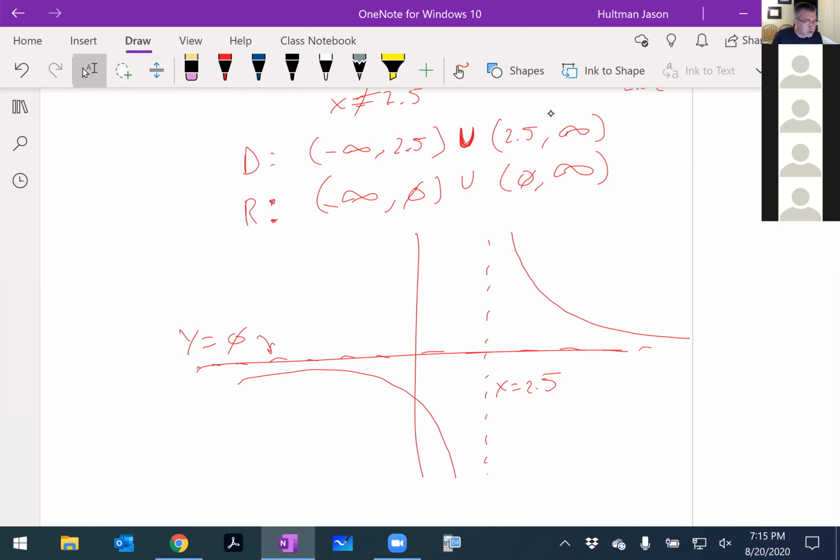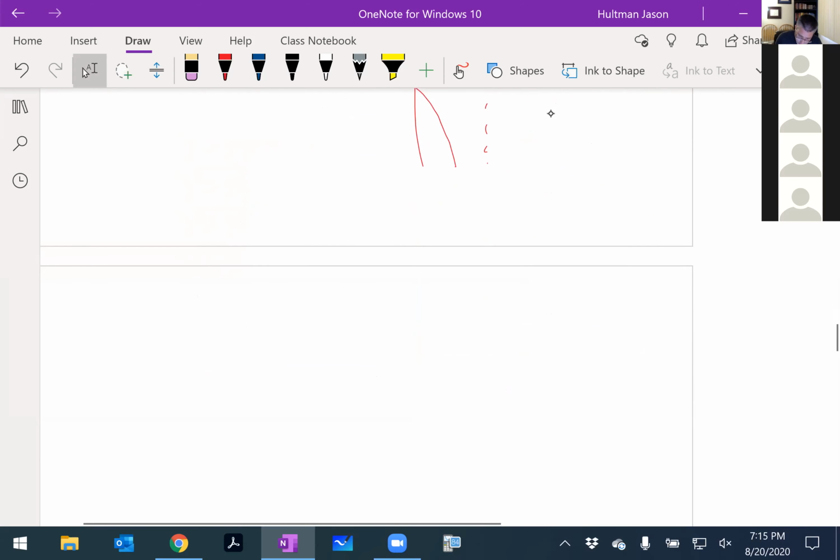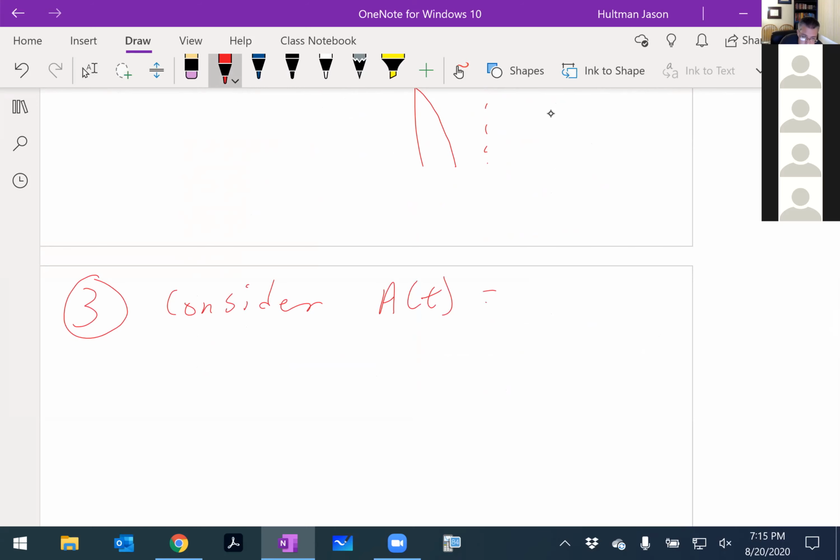Okay, let's try another one. Consider number 3, the function A of t is equal to 500 times 1.00625 to the 4t.